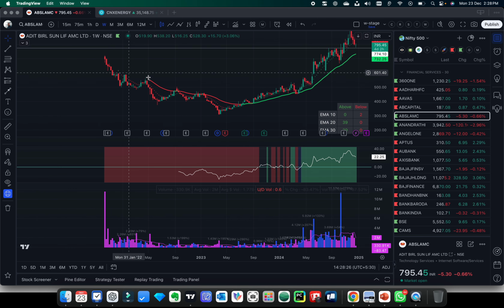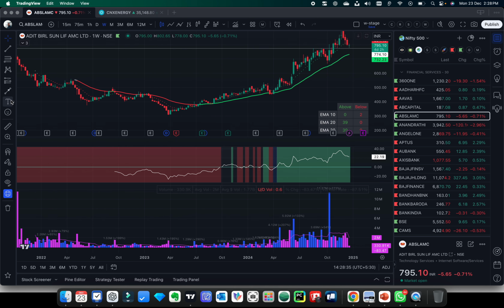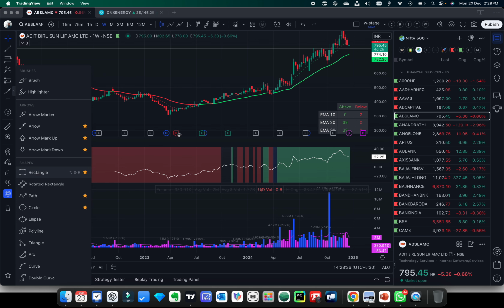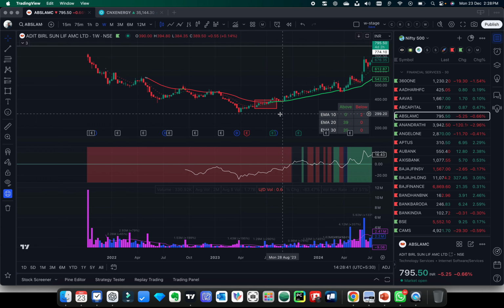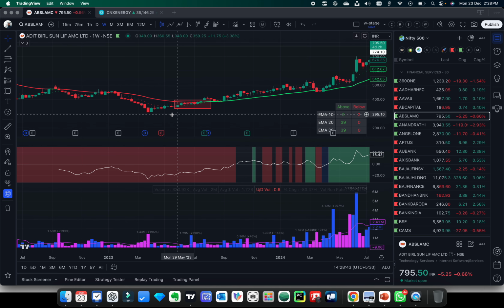Before that it was in stage 4, clearly in the downtrend. Okay, and there is little bit of consolidation which has happened here. And there is small consolidation which has happened here also. So this is consolidation phase.